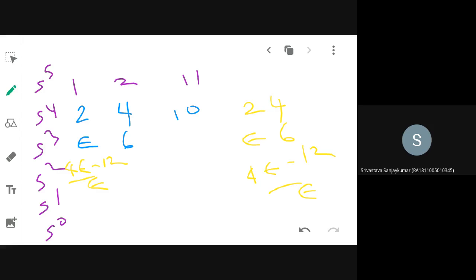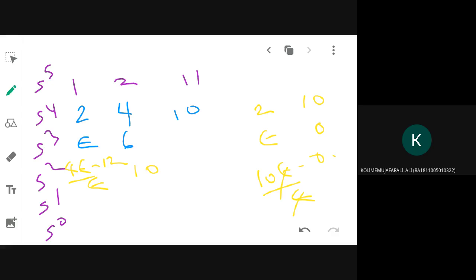What about the next element? The next element will be 2 epsilon, 10, 0. So it will be 10 epsilon minus 0 divided by epsilon. So what will be the answer? 10. And what about the s to the power 1 row element?